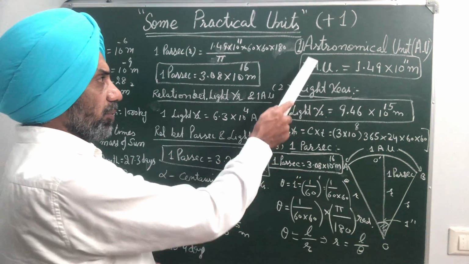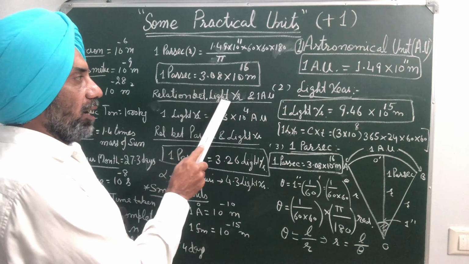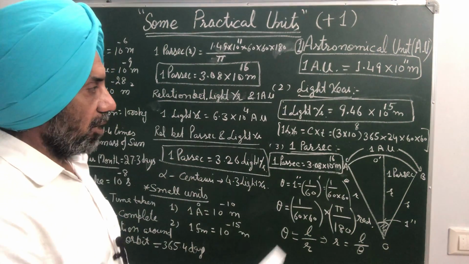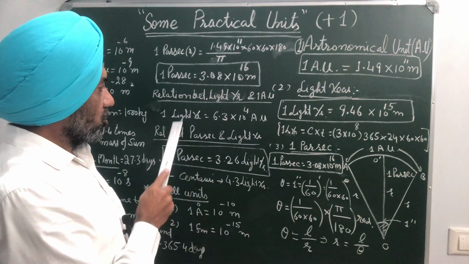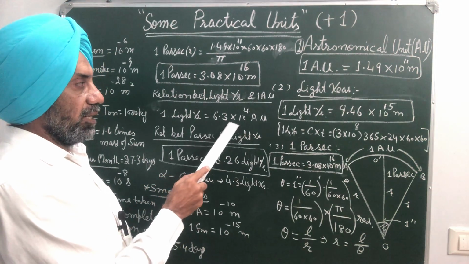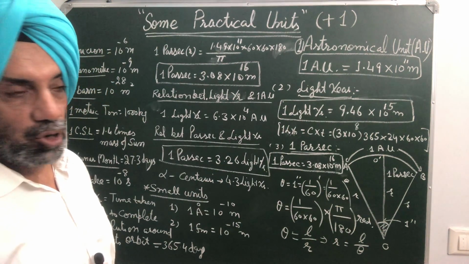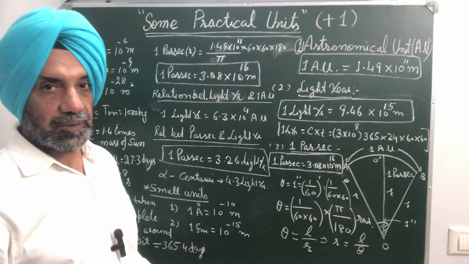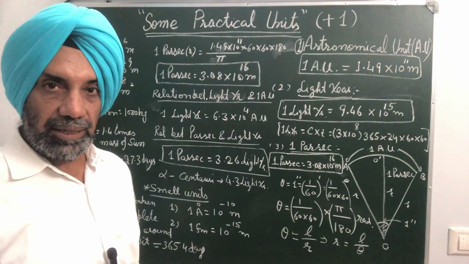So we can find the relation between any two. For example, if you find the relation between 1 light year and 1 AU, divide 1 light year by 1 AU. It comes out to 1 light year is equal to 6.3 × 10^4 astronomical units, because light year is bigger than astronomical unit. Similarly, we can find the relation between 1 parsec and 1 light year.